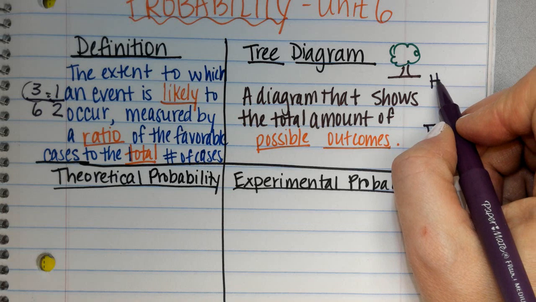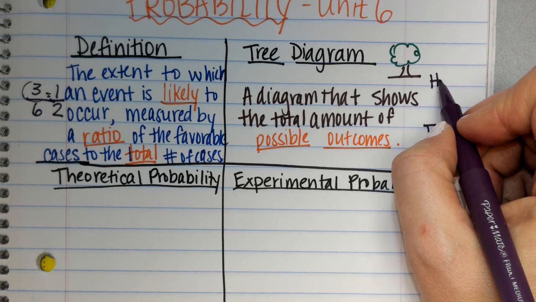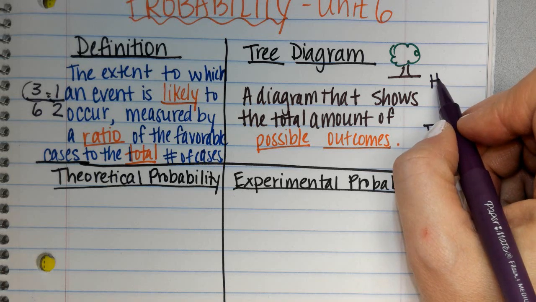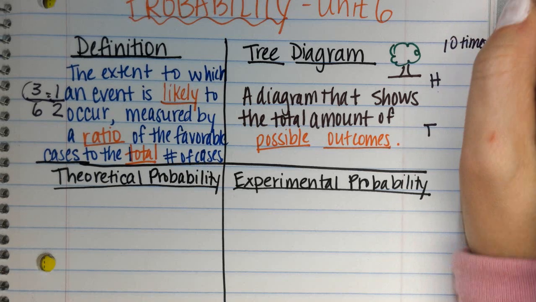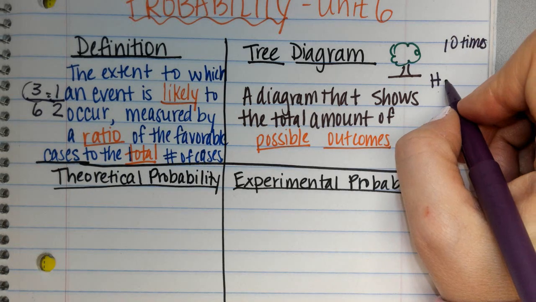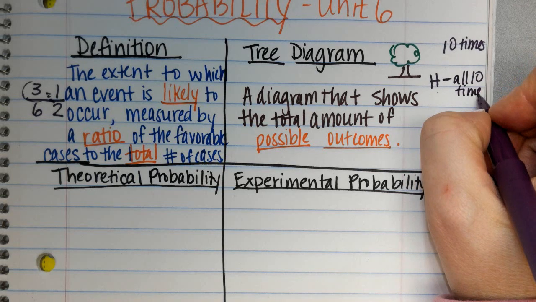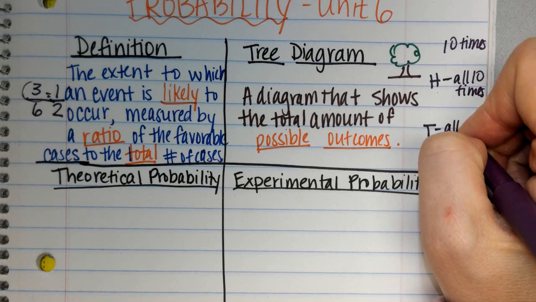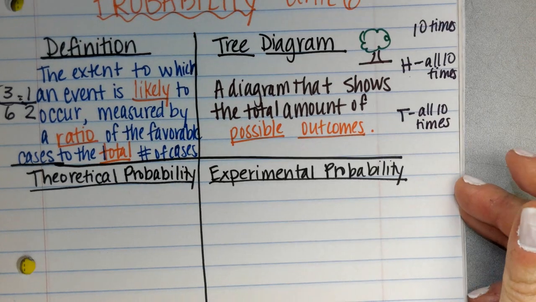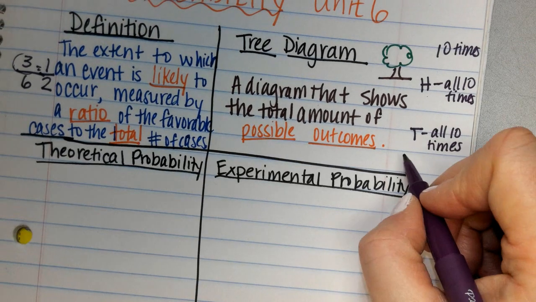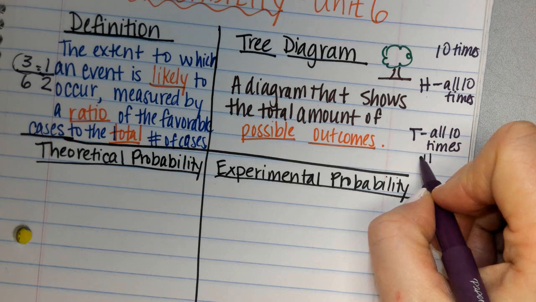So you could have heads or tails. Let's say you flip it 10 times. The probability could be heads all 10 times, or tails all 10 times. Probably very unlikely, right? Or you could get a mixture. You can make a tree diagram.